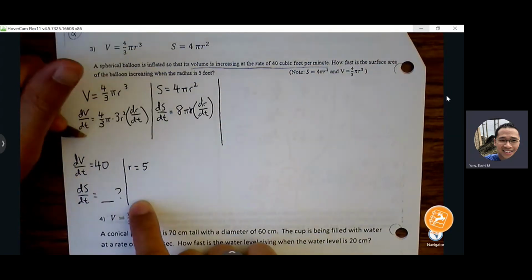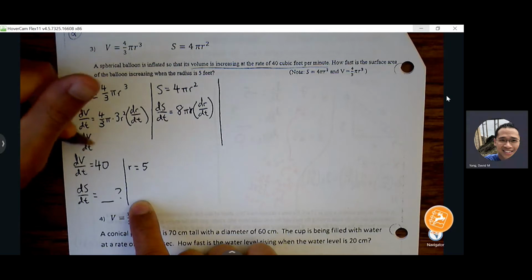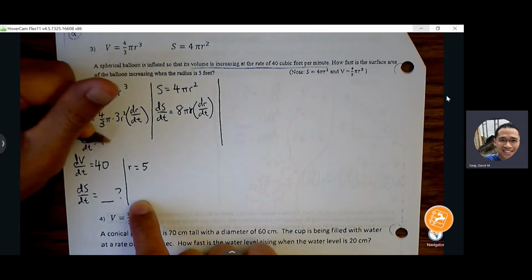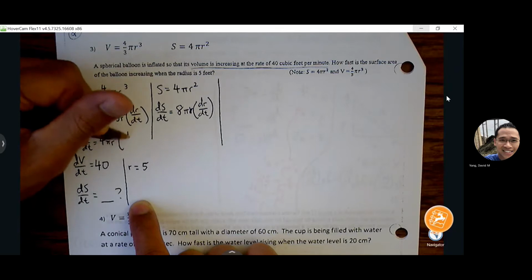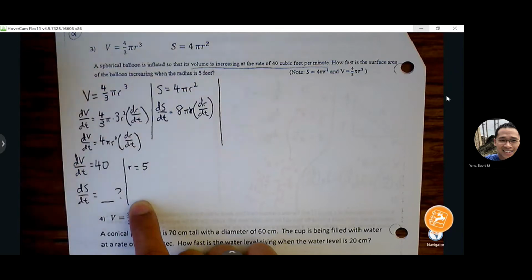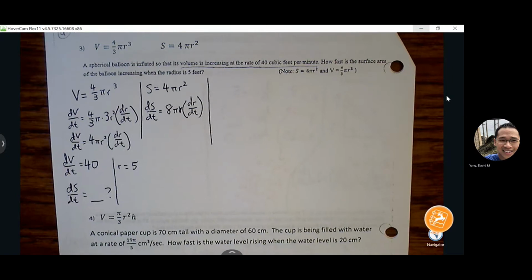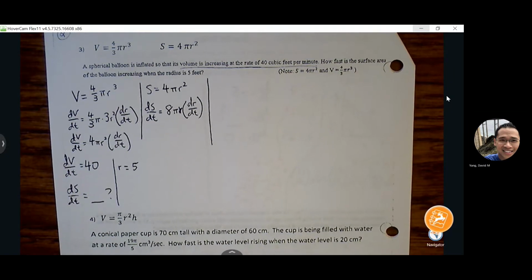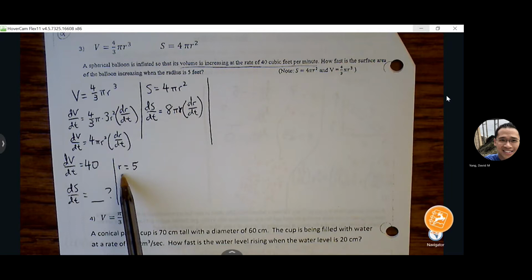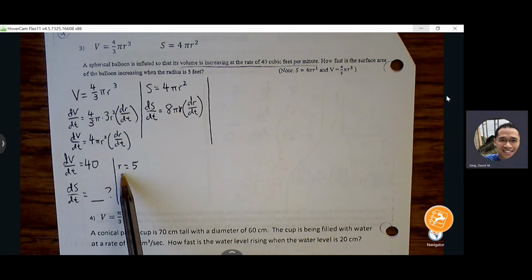Okay, clean this up a little bit here, dV dt. These cancel out. Okay, we're looking for dS dt. Where would you start? Solve for dr dt.